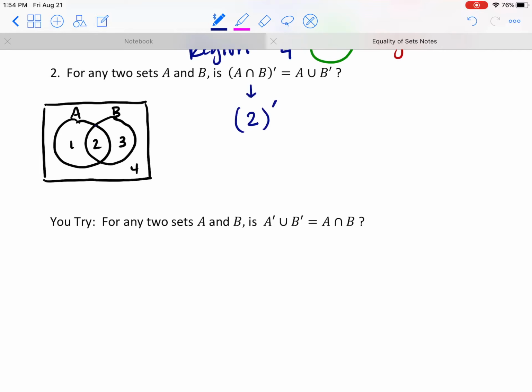Okay, what's not here would be the 1 and the 3 and the 4. So we're looking at regions 1, 3, and 4. So no matter what elements were in these two sets, if we performed those operations, we would be left with the elements that are in regions 1, 3, and 4.